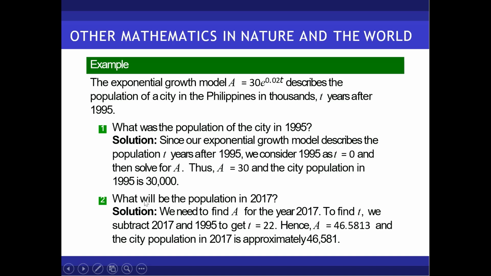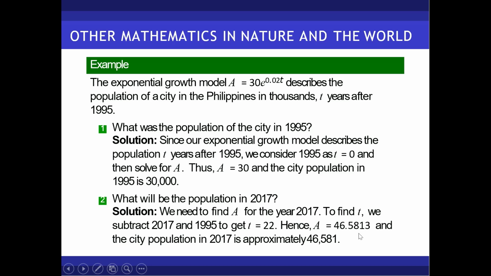Next question. What will be the population in 2017? We need to find A for the year 2017. To find t, we subtract 2017 and 1995, and we will get t equals 22. Hence, A equals 46.5813.